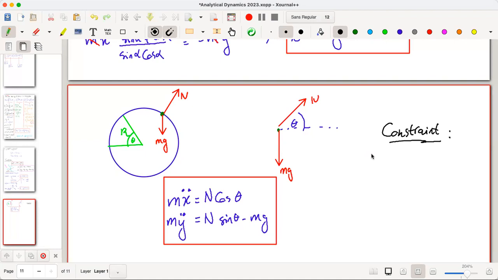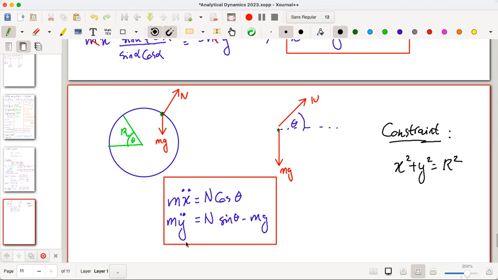How are they related? Using the circle equation. The constraint is equivalent to saying that x squared plus y squared is equal to r squared. This is the constraint. Now, how can we insert the constraint here?